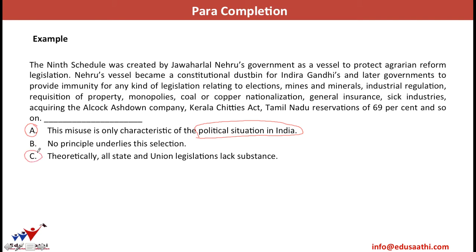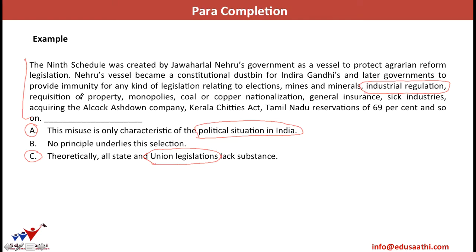Alternative number C discusses the union legislations of all the states, or in short, India. That is states and union legislation. But the entire passage is just focused on industrial regulations.